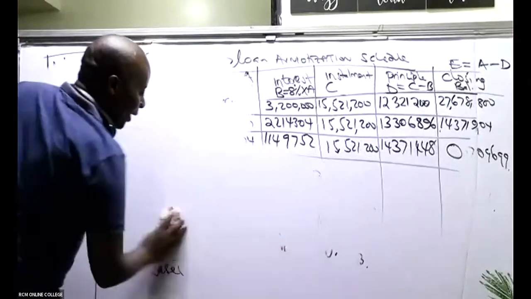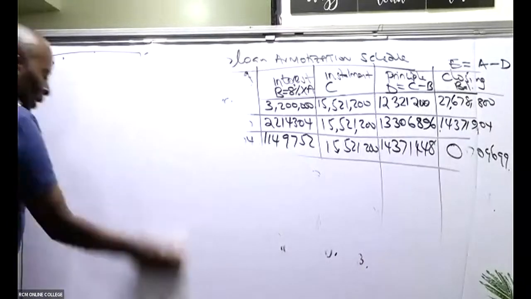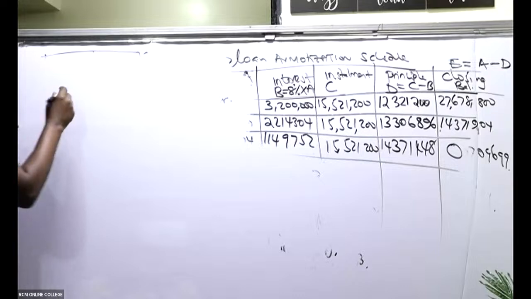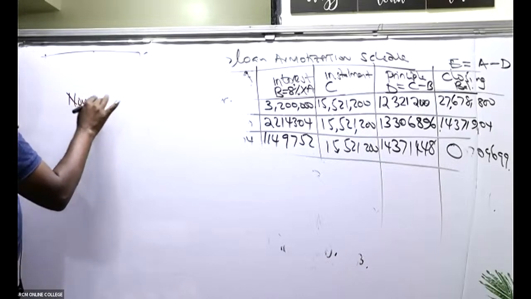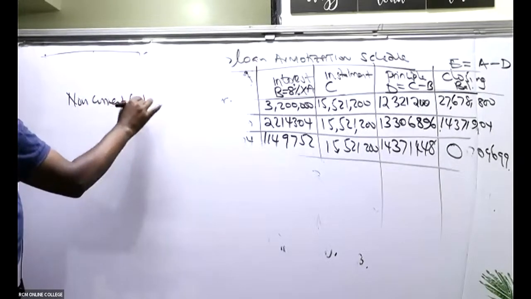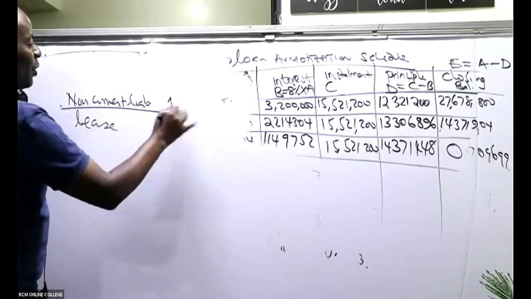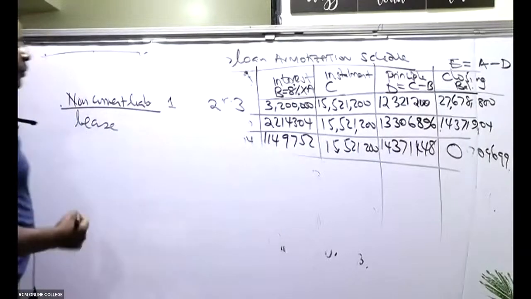I'm only going to write the non-current liabilities and the current liabilities. So we have here non-current liabilities. We start with lease. So we have here 1, 2, 3.